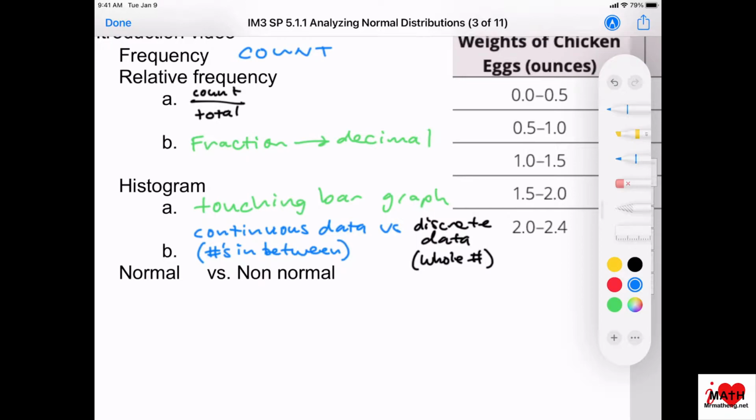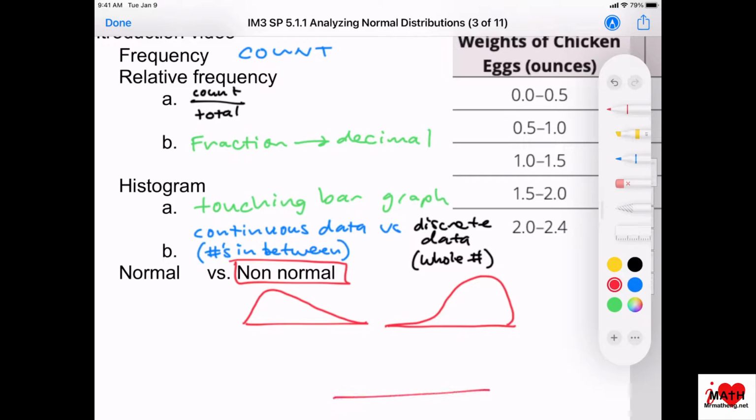Okay, and then they're going to ask you, based off of your relative frequency histogram, is it normal or not normal? So here in the red, no for stop, these are not normal. These are graphs you'll notice have little tails. Or you might have something like this.